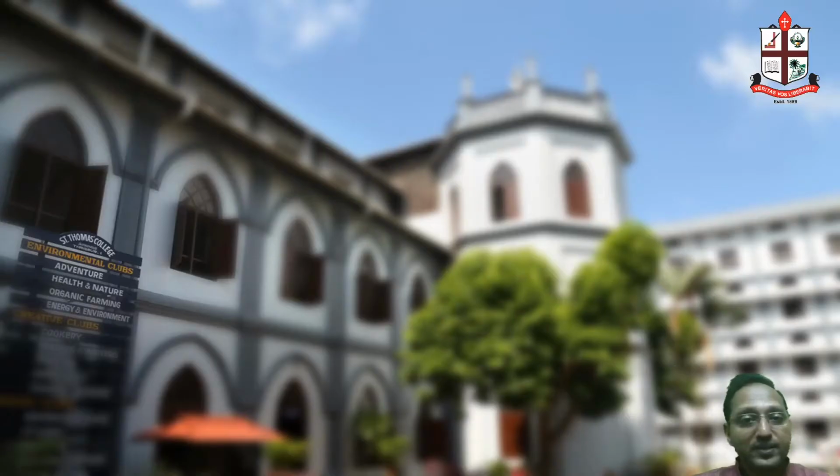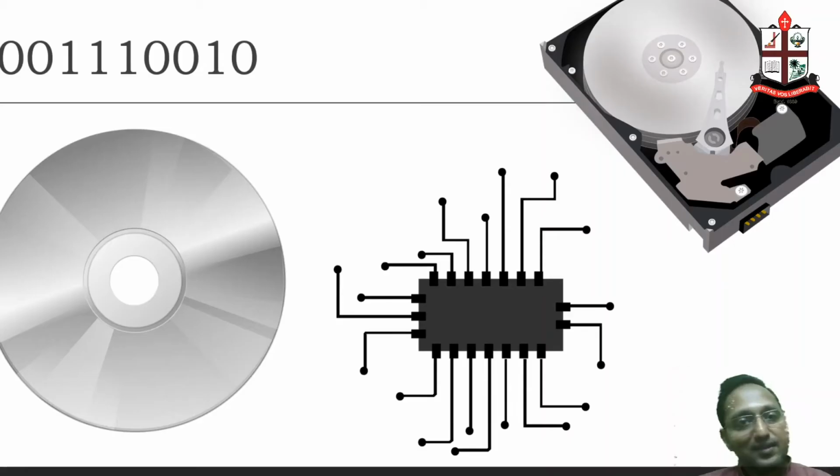So the point is, data or zeros and ones can be represented in various ways using different methods depending on the object or the medium on which data is being processed or stored or transmitted. In other words, zeros and ones are represented sometimes mechanically, sometimes magnetically, and some other times electrically.